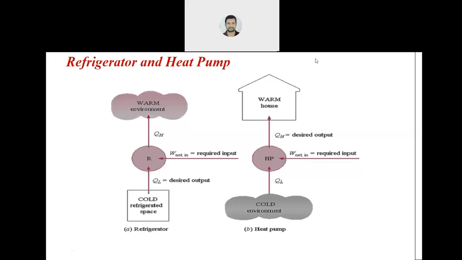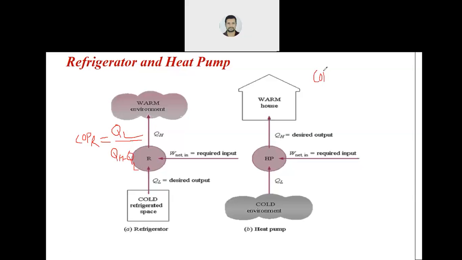So we can write that COP of refrigerator is given by desired effect, which is QL, and W net. W net from heat balance will be the difference of both the heats, high minus low. Correct?